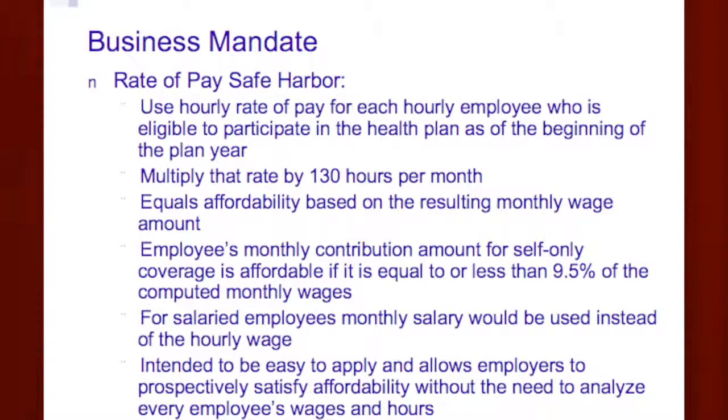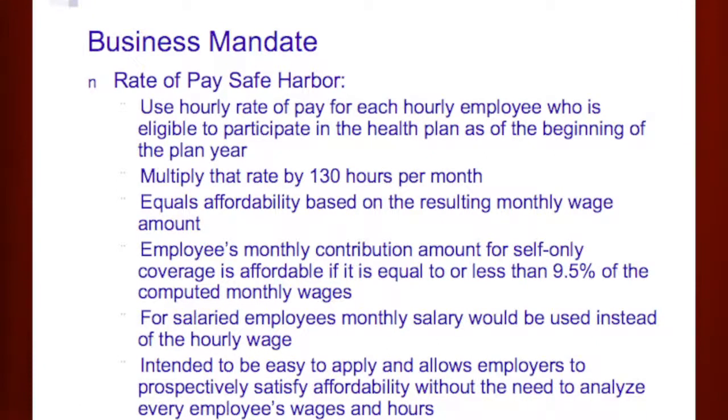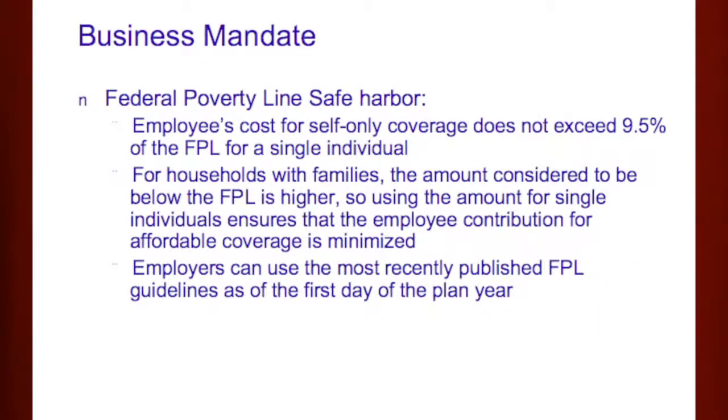For salary employees, you just take what their monthly salary is and apply that 9.5% to their monthly salary. And then the federal poverty level, in many cases, will be an even lower amount of income, and as a result, the expected contribution of the employee will be a lower number.